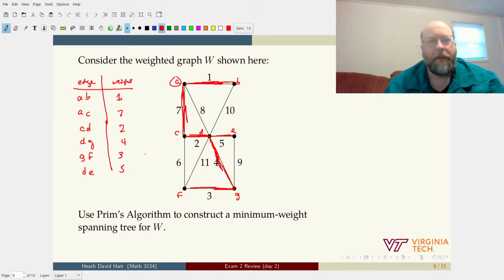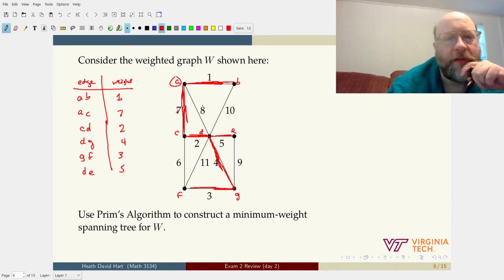And so we stop. We ended up getting the edge of weight 7 very early on in the process, but that's okay. We got exactly the same tree that we got before. Okay?